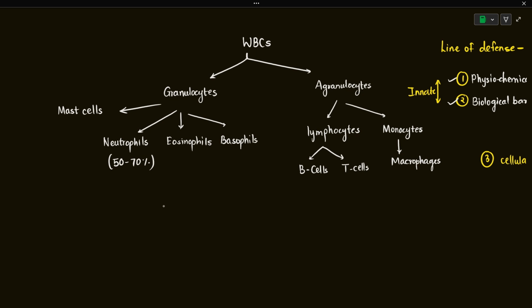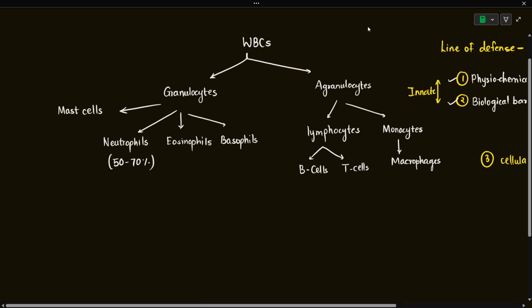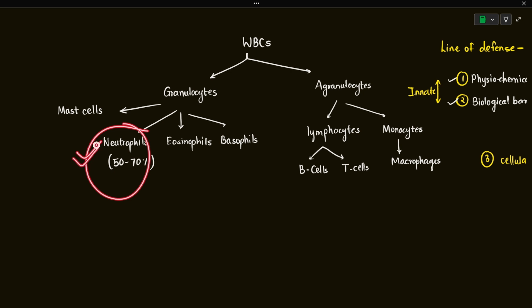I told you that pus is formed due to inflammation. In pus formation, we usually find the damaged tissue, and the most prominent component of that pus is the dead neutrophils, or the neutrophils that have fought. So we know that in the pus there are dead immune cells. Neutrophils are the major component of the pus. The pus is whitish in color because it has neutrophils.